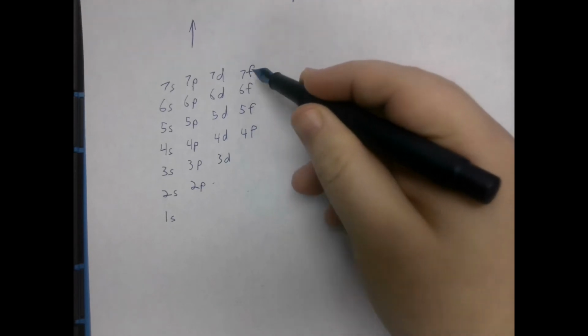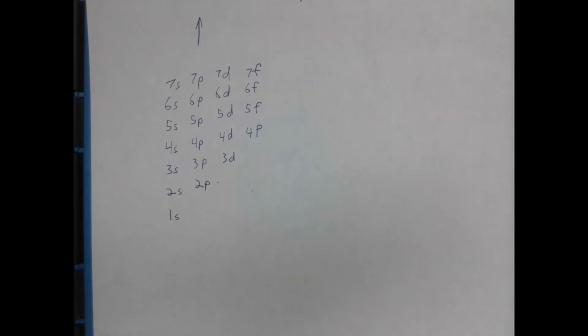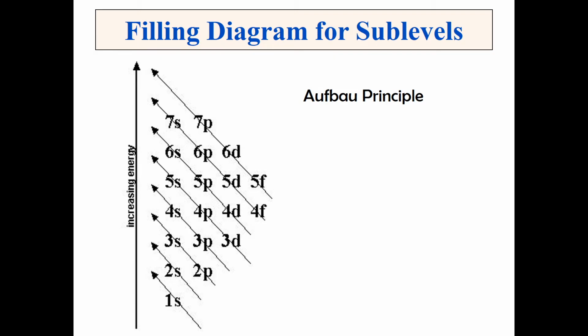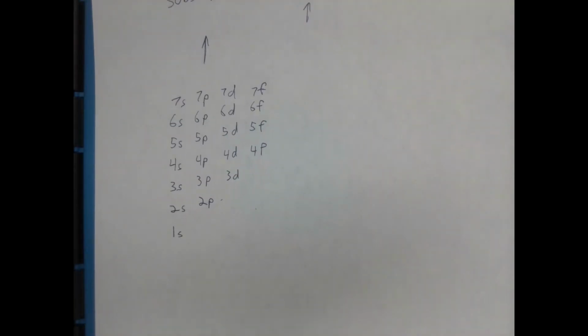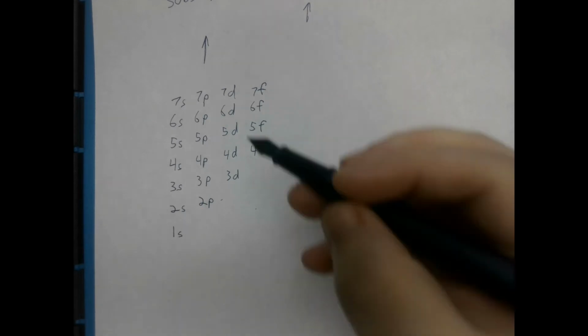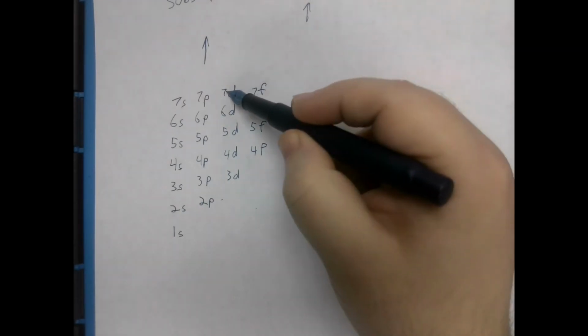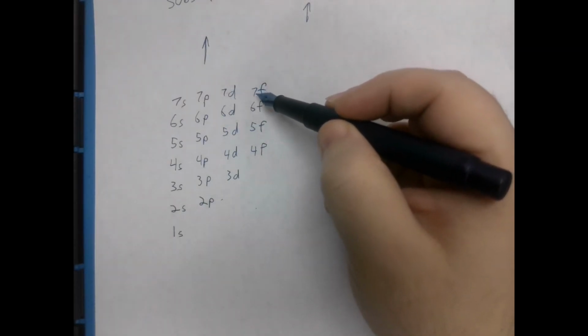You can leave it like this, just fine. But if you look up at this image here, you notice the 7s are incomplete, the 6 is missing 1. It does not matter to the calculation if you just write it like this. So technically 7D and 7F don't exist.